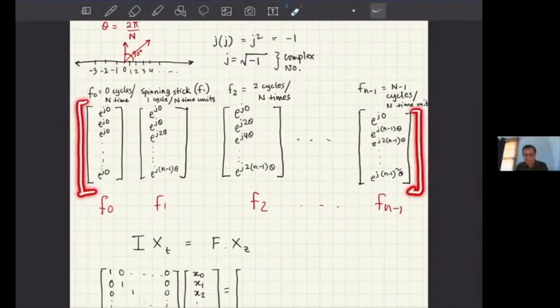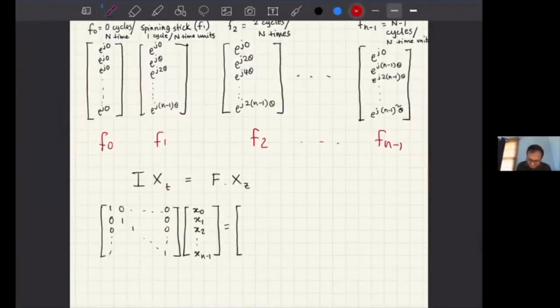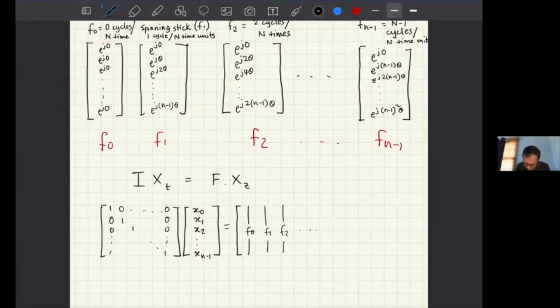The columns of the F matrix are each of these individual columns. So I can write that as F0, which is this column, then F1, F2, F n minus 1, times z0, z1, z2, z n minus 1.